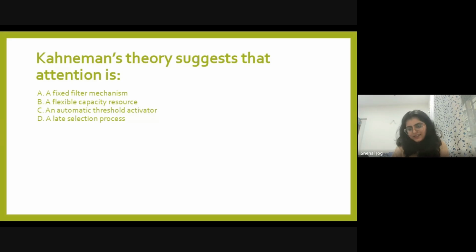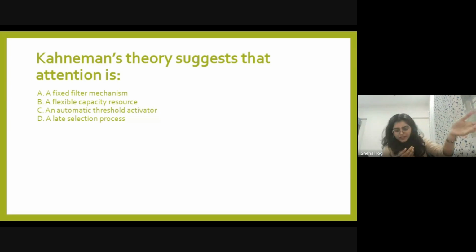Yes, correct. Because the threshold, why are we calling it automatic threshold? Because we don't know now that someone is going to take our name in the next 5 minutes, right? It is something which happens immediately. And who said late selection process? The last theory, late selection model that we spoke about. Perfect. Correct. Fine.